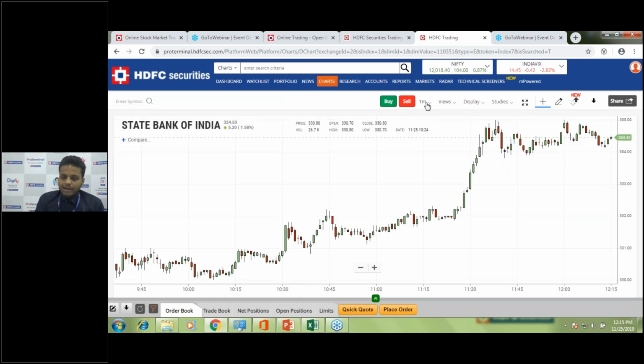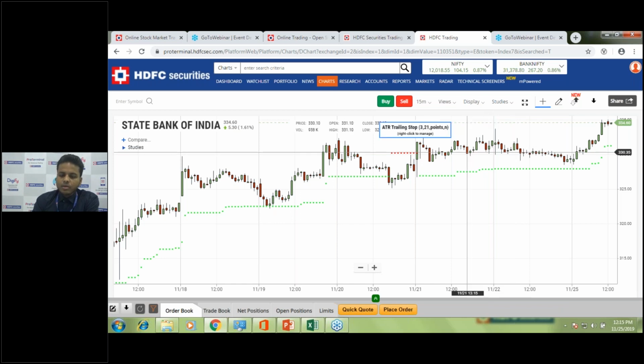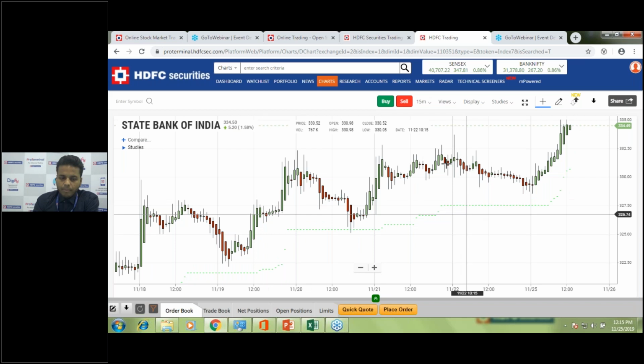In order to select a time frame, click on 1 minute, and you will get an option for time frame. For studies, any indicator that you want to add, you have to click on Studies, and the indicator option will be given to you. In case you want to change the candlestick, you have different candlesticks available. You can select from candle, bar, even Heikin-Ashi. All those candle options will be there for you.